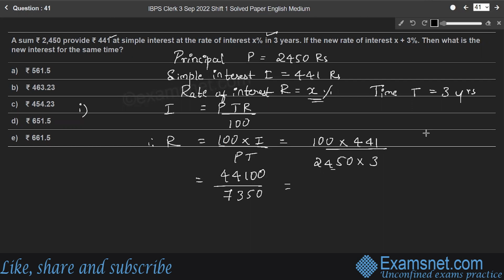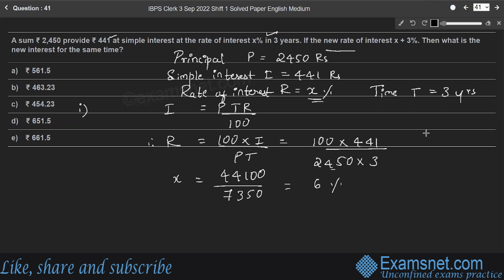Therefore, rate of interest X is equal to 6%. Check: 735 into 6 is 4,410. Therefore, it is 6%.